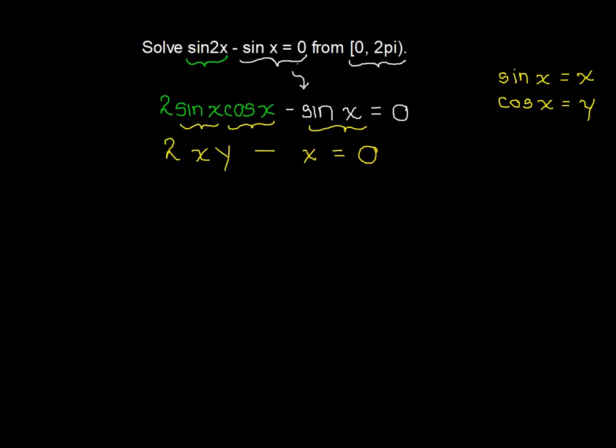If you look at the two terms, terms are separated by plus and minus signs. So if you look at these two terms separated by the minus sign, you do have a GCF. Your goal is to try to factor and make the other side 0 so we can apply the zero product property. So if you look at the two terms, they do have x in common. I'm going to factor that out as the GCF.